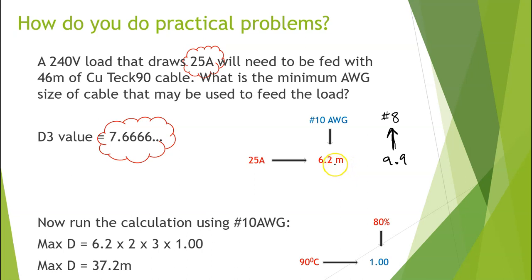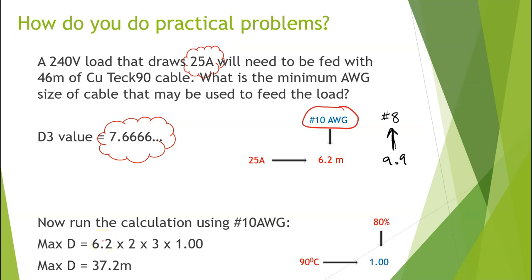run the calculation using now a DCF, and then if we're still short on our maximum distance that we need, we just simply go up to the next available size. So we have chosen number 10 AWG initially. Now we need to actually verify this.